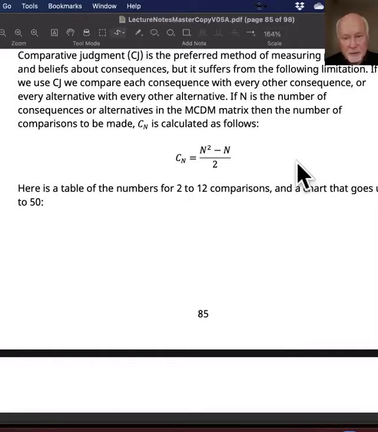So you've got 10 comparisons to do for the projects, and you've got 7 objectives in that MCDM matrix. So there you've got 7 squared, which is 49, minus 7, which is 42, divided by 2, which is 21 comparisons. And as I will show you in a moment, you have to make those comparisons in a way that's consistent, which can start to get pretty hard to do.